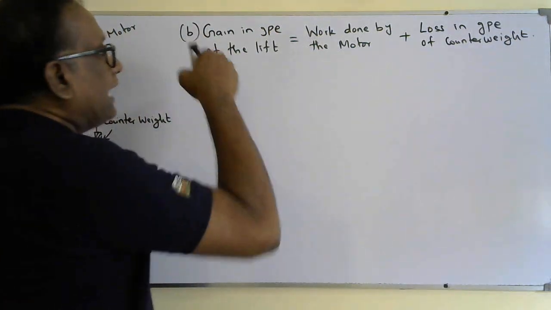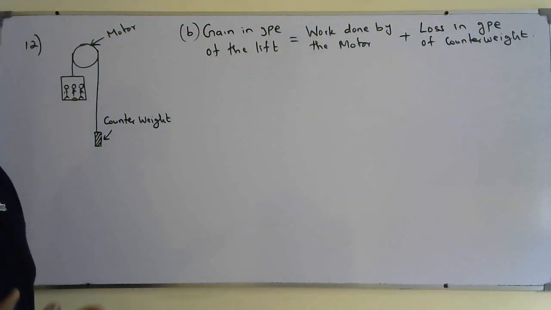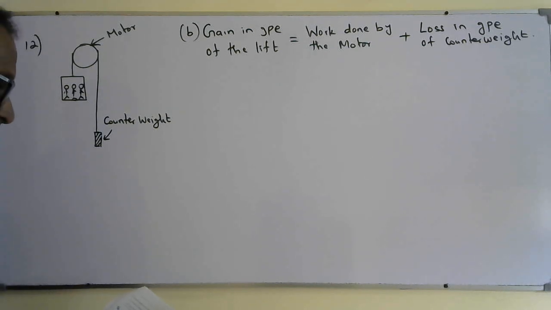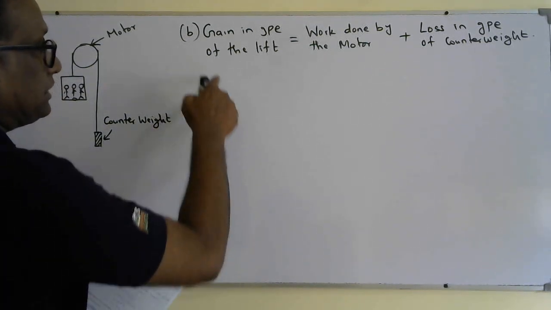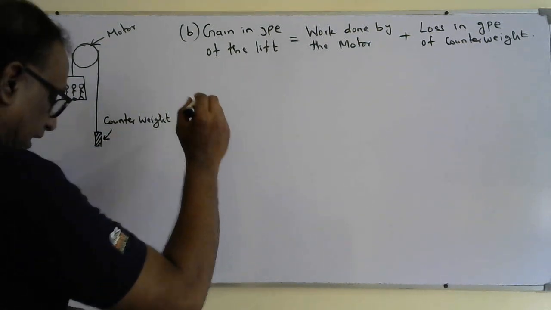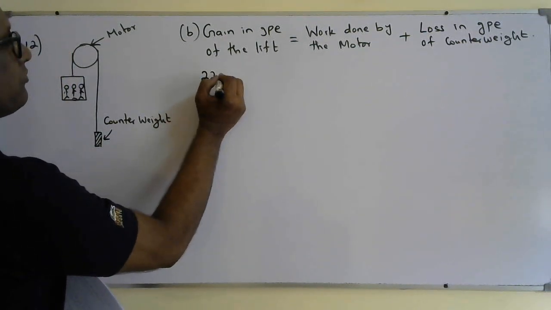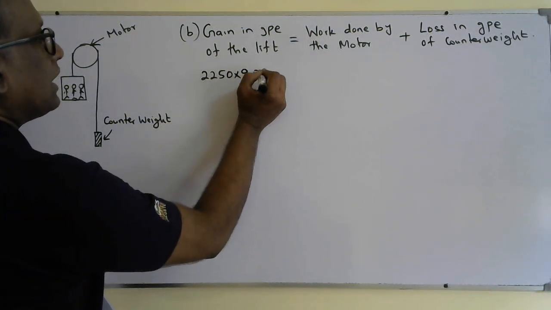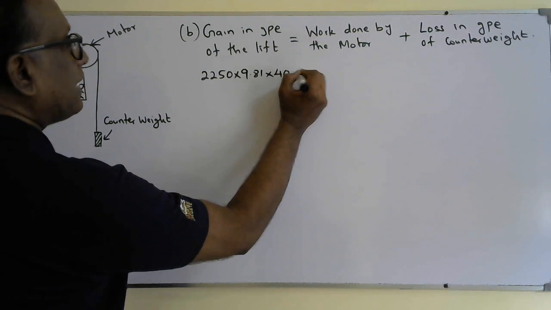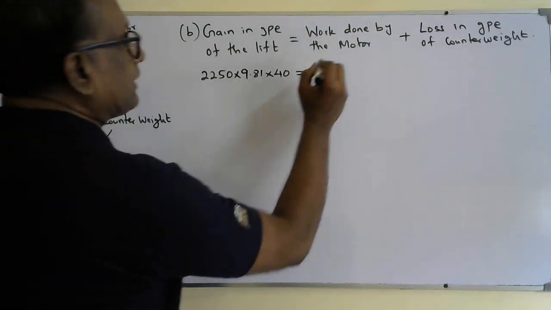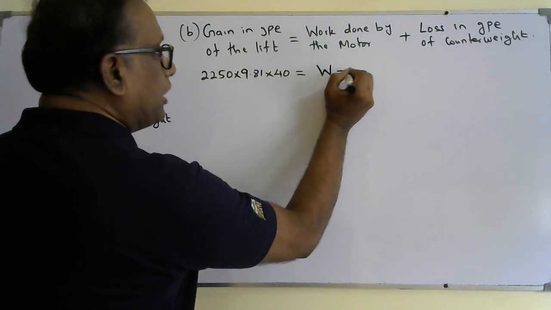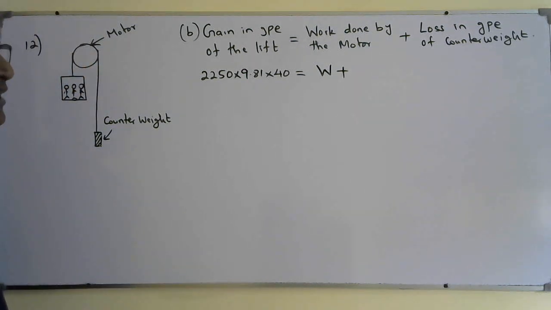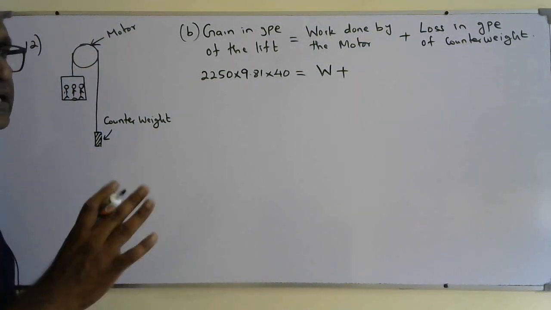Okay, gain in GPE of the lift is the work done on the lift. So lift is moving up through 40 meters. Total mass of the people and lift is given, so mgh: 2250 times 9.81 times 40 equals work done by the electric motor, which I need to find, let it be W, plus loss in GPE of the counterweight, which is the work done by the counterweight.